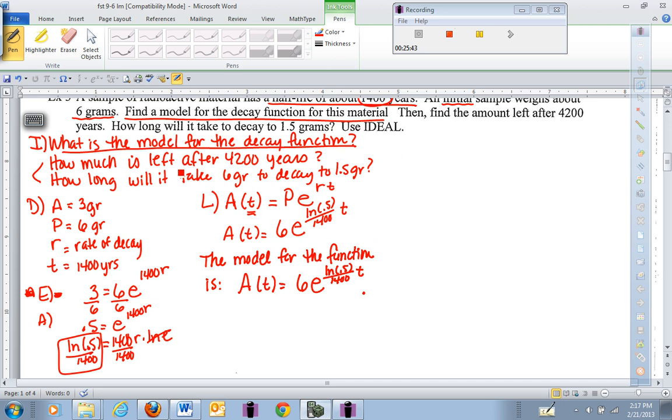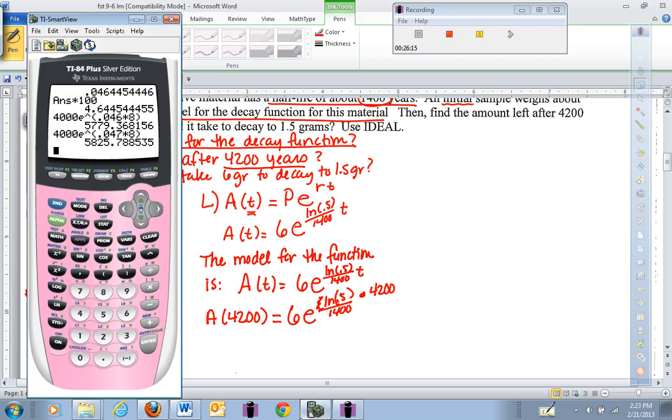Furthermore, how much is left after 4,200 years? So now I want to know the amount after 4,200 years. I want to plug in 4,200 for time. So that would be 6e to the natural log of 0.5 divided by 1400 times 4,200.